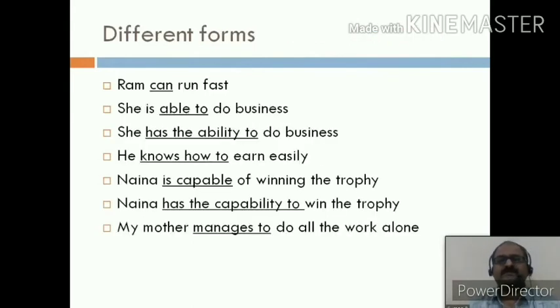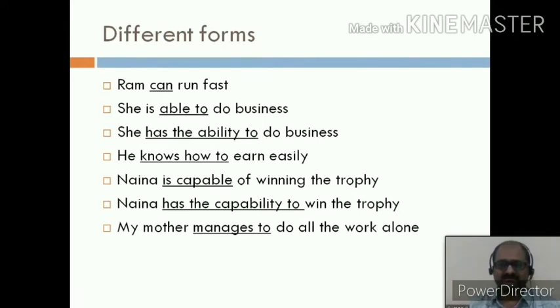So let's look at the basic and most commonly used phrases to express abilities. Can is the most common and most basic verb that we use to express abilities. So Ram can run fast. Ram can cook.